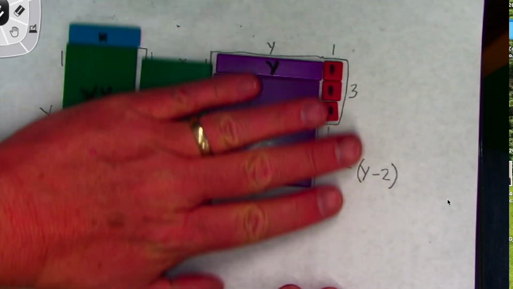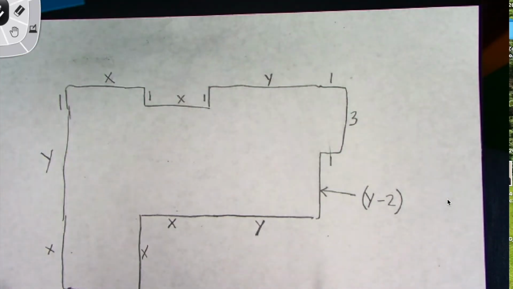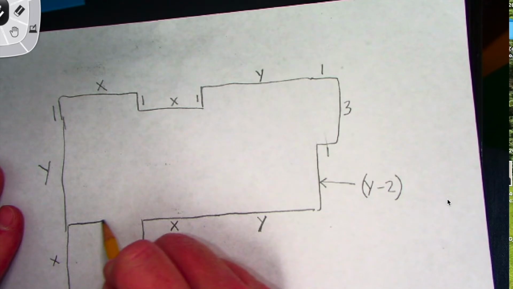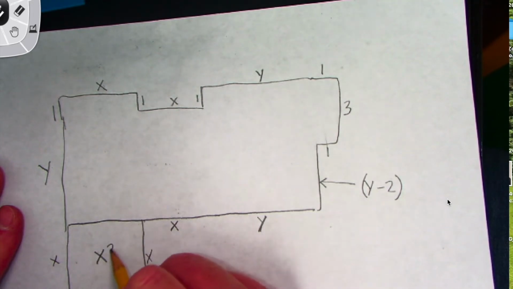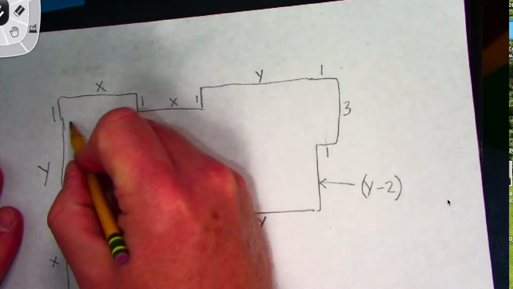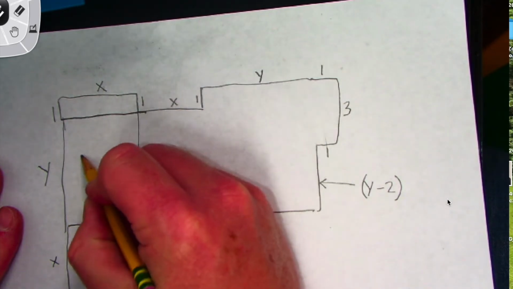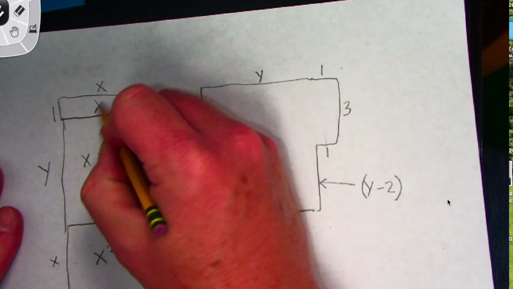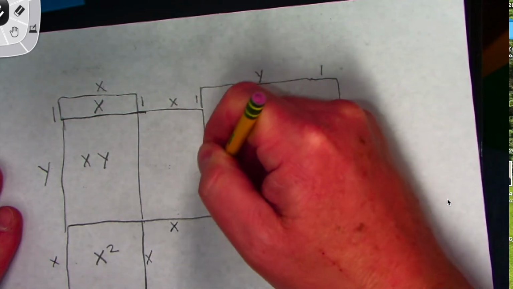Can I do that and just do this? Oh, no. All right, so here's my x squared tile. Then I have my xy tile. Here's my x tile. Here's an xy tile.